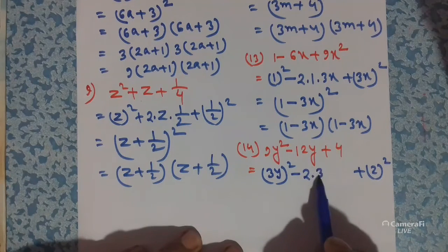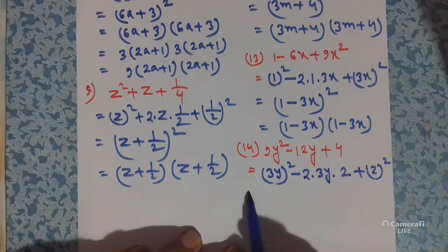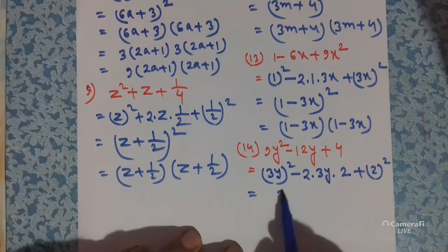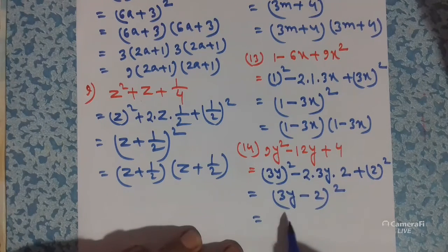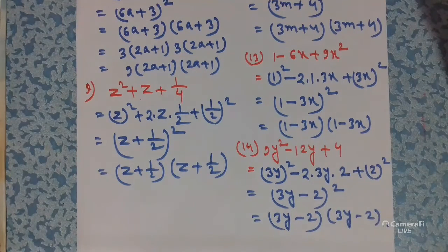So 2a means 3y and b means 2. So a square minus 2ab plus b square means 3y minus 2 whole square. So 3y minus 2 multiply 3y minus 2.